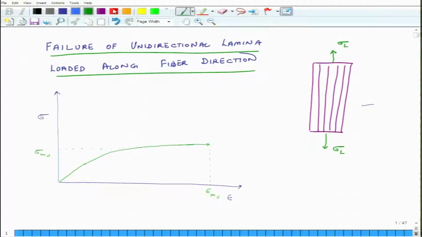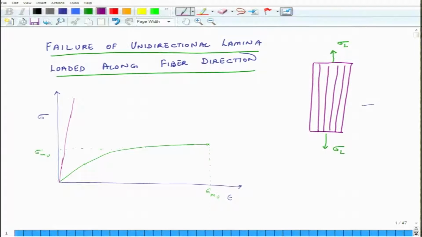For fibers, we had discussed two different types of fibers. One was an elastic brittle failure and the other one was a ductile failure. So, if the fiber is brittle in nature, typically these fibers are much more stiff than the matrix.